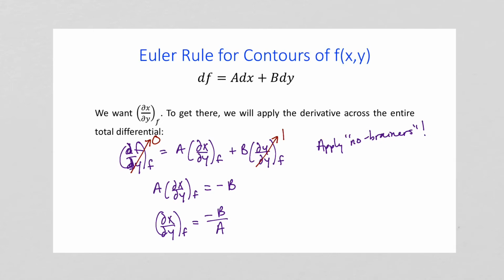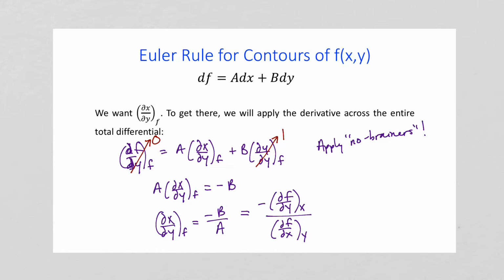We could also write that in terms of the differentials represented by those b and a coefficients. That's just minus the change in f with respect to y at constant x over the change in f with respect to x at constant y.